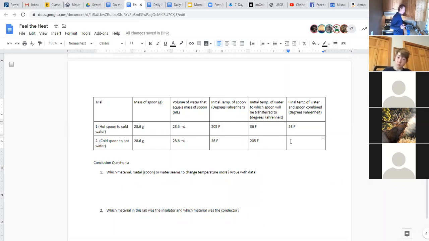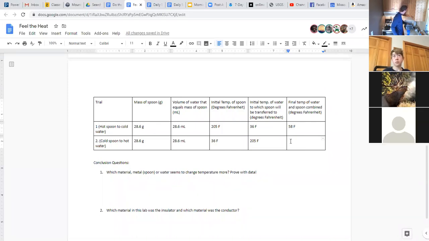So this time hot water is giving energy to the cold spoon, and the final mixture is still really warm. 165. Now 165-degree water is really hot. I can touch it temporarily, but that's hot.